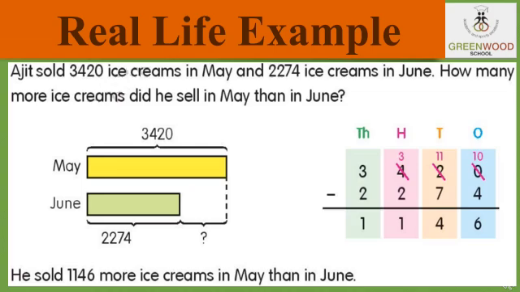So 4 will become 3. So 3 minus 2, it is possible, which is equal to 1. Now in the last step in thousands place, 3 minus 2, which is equal to 1. So our answer is 1,146. That is, he sold 1146 more ice creams in May than in June.